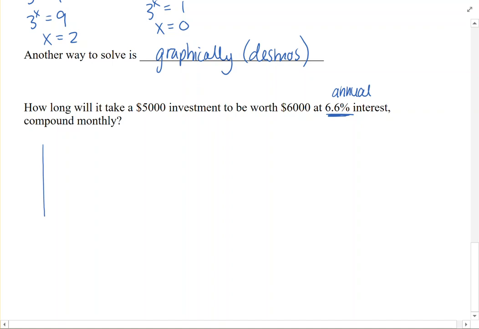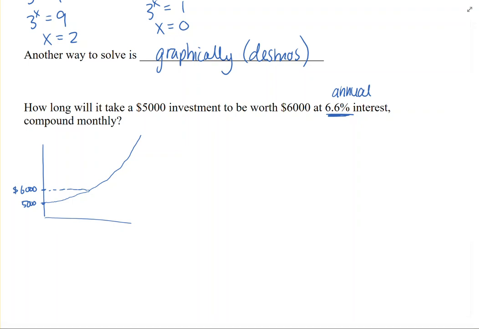So we'll first start by sketching out a graph. We know it starts at 5,000. Since it's an investment, the money will be going up, something like that, and we're looking at when it is going to be at 6,000.